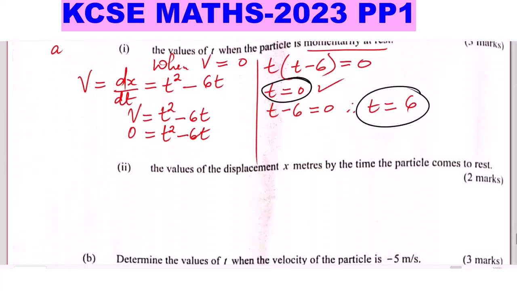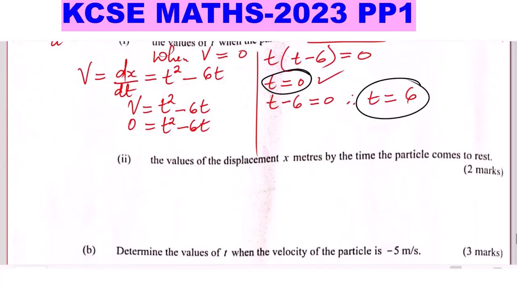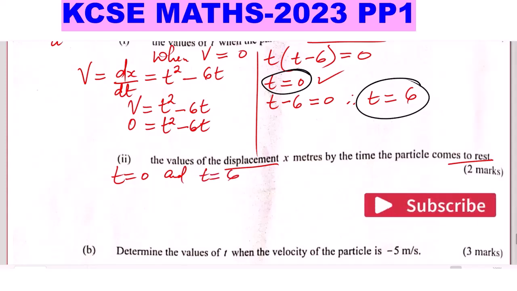Part 2, the values of the displacement x meters by the time the particle comes to rest. We have already calculated the values of t when the particle comes to rest. That is, t is equal to 0 and t is equal to 6. So now we need to find the displacement at these times.